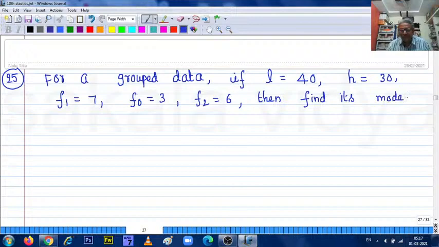So can you find out the mode? How could you find the mode? Anybody answer yourself? So what is given?